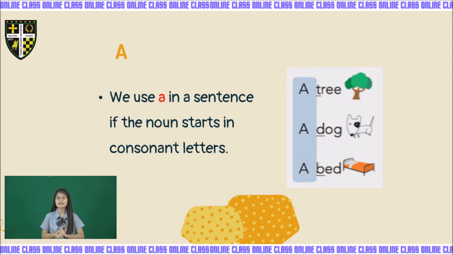Again, I repeat, we use a in the sentence if the noun starts with a consonant letter. The consonant letter example, a tree. The tree starts or begins with a consonant letter. Therefore, to specify that the object is only one, we use a. A dog starts with the letter D, dog. A bed starts with the letter B, bed.